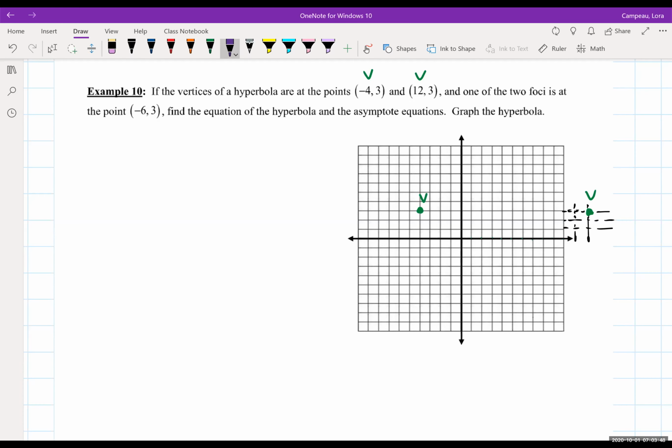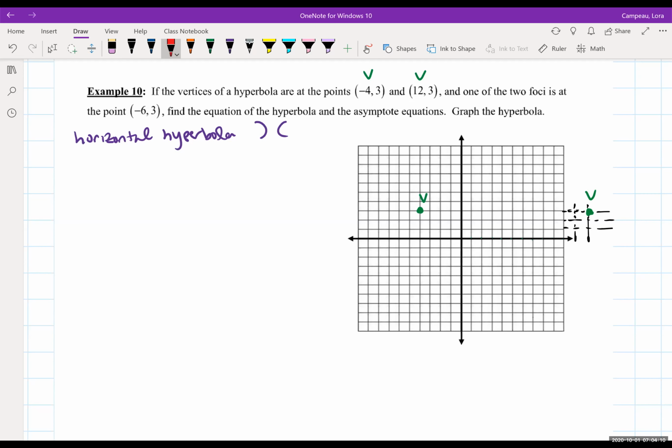A little note to yourself: horizontal hyperbola. Great. That means they look something like this, opening up to the left and opening up to the right with the branches.